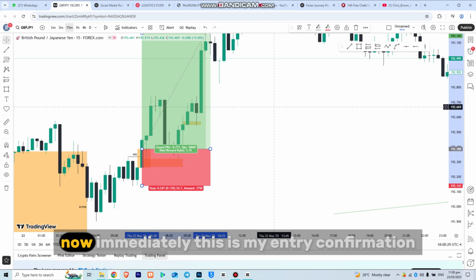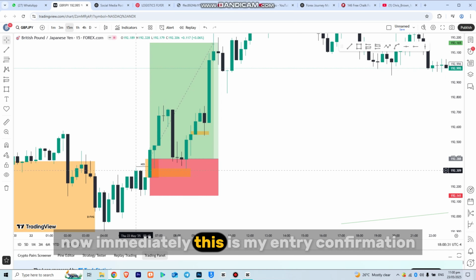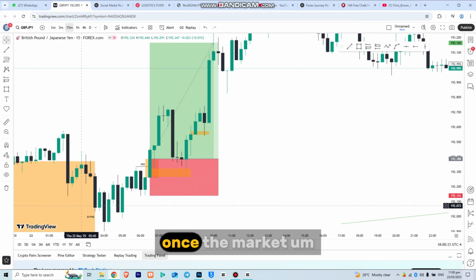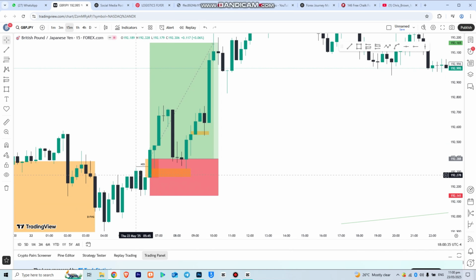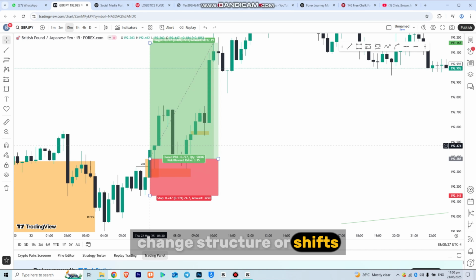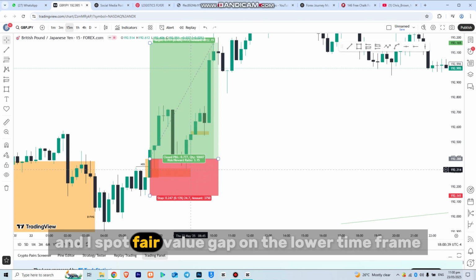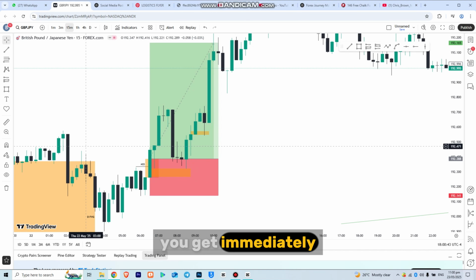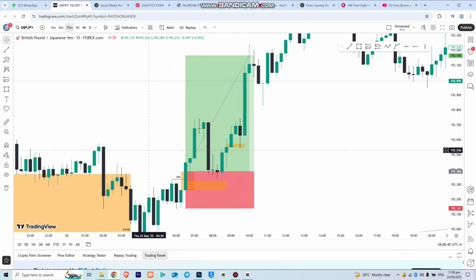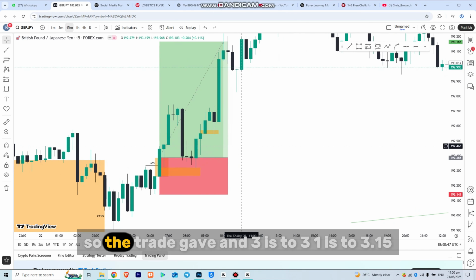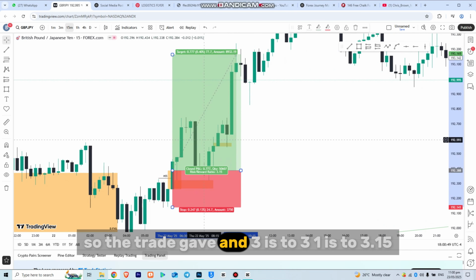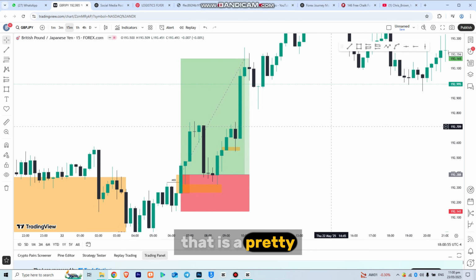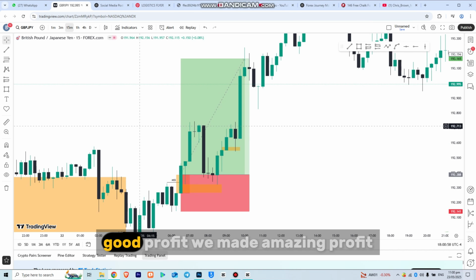Now this is my entry confirmation. Once the market changes structure or shifts and I spot a fair value gap on the lower time frame, immediately what I will do is enter from there. So the trade gave 1:3.15.